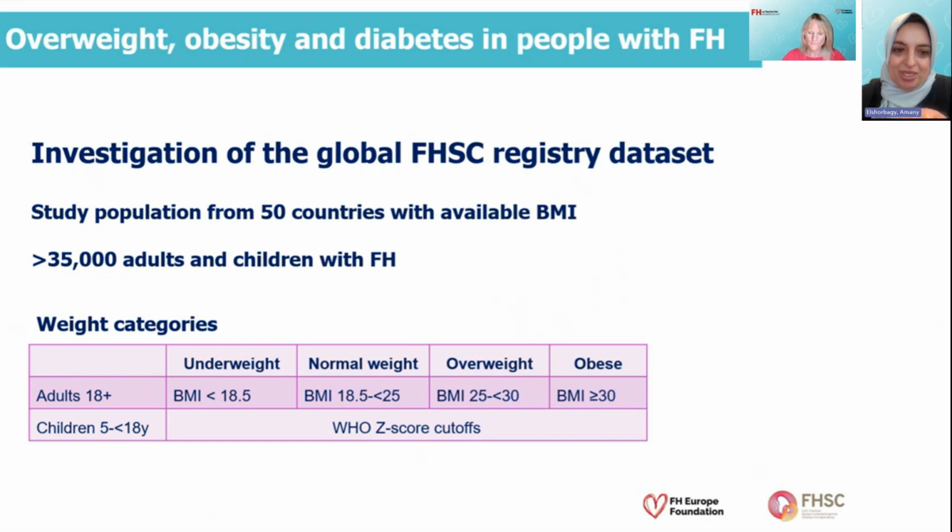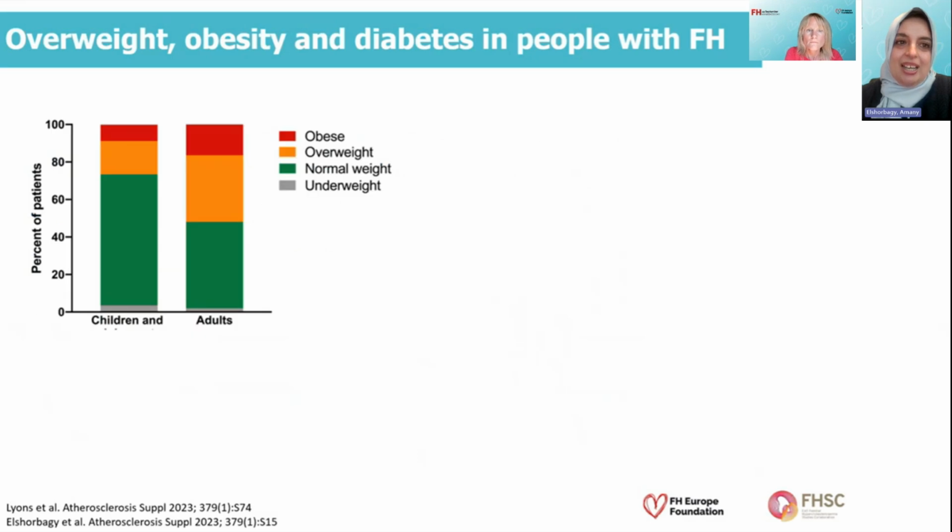So we categorized our children and adults, and these are children and adults with heterozygous FH. And basically, this is what we found. If you look at the percent of patients who are overweight or obese, so basically an unhealthy weight, we found that approximately half of our FH population are overweight or obese, and approximately a quarter of the children are already overweight or obese.